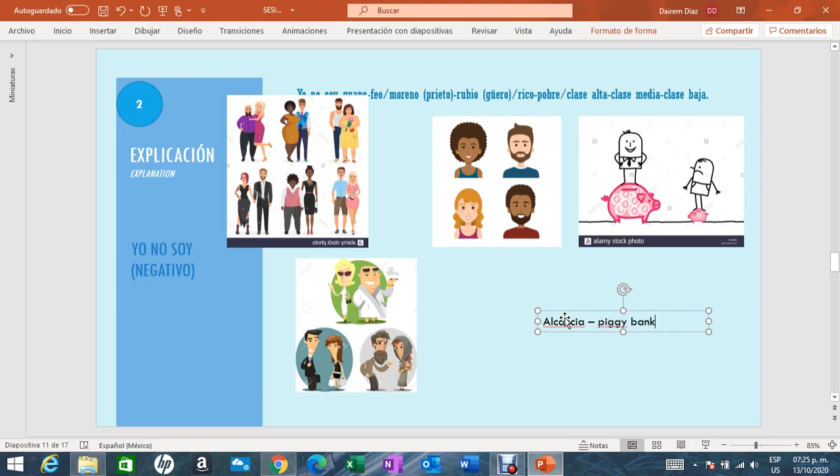Piggy bank, alcancía. Yo soy rico, yo no soy rico. Pobre, poor. Yo no soy pobre, yo soy pobre. Yo soy rico, yo no soy pobre. Yo soy pobre, yo no soy rico.